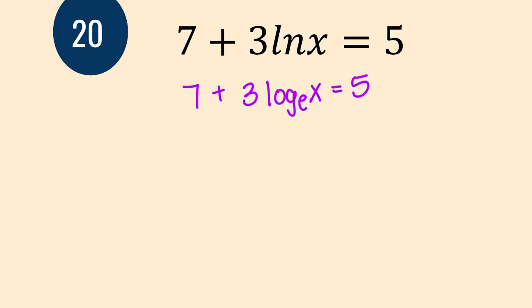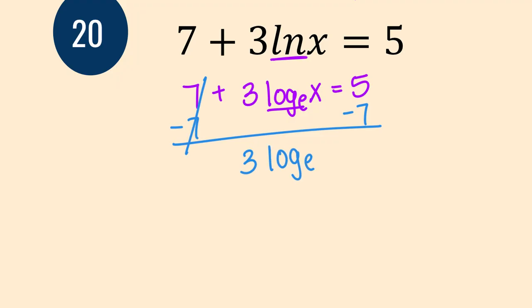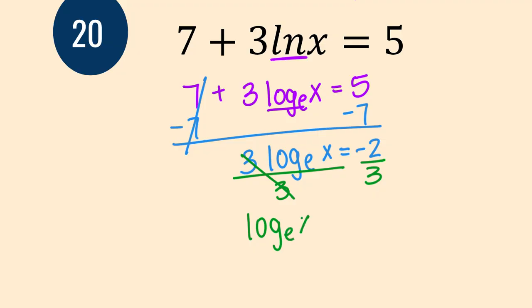So I changed my ln to log base e, and I'm still doing the same process. Subtract 7 from both sides. You're going to end up with 3 log base e of x equals -2. And then you're going to divide both sides by 3. So you're going to have log base e of x equals -2/3.